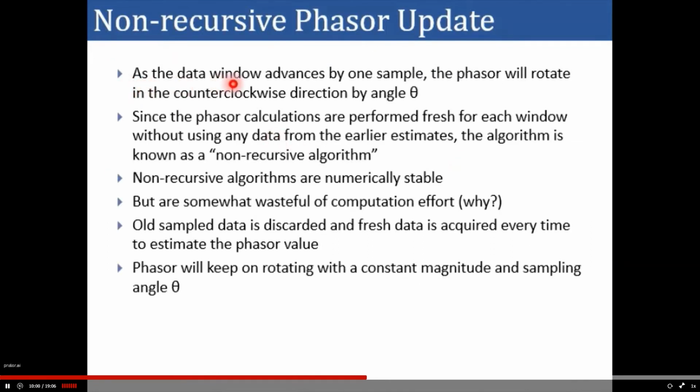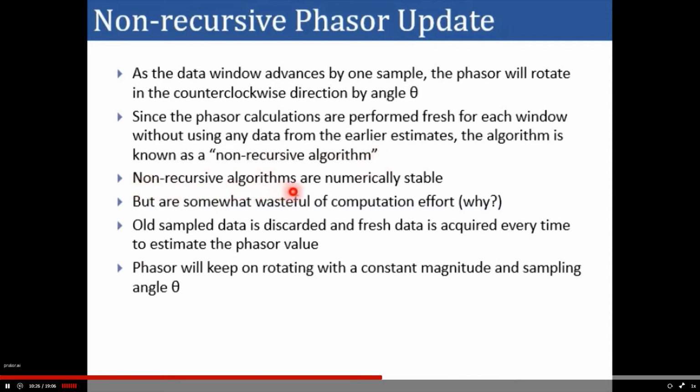As the data window advances by one sample, the phasor will rotate counterclockwise by angle theta that we saw in the previous slide. Since the phasor calculations are performed fresh for each window without using any data from the earlier estimates, the algorithm is known as non-recursive.